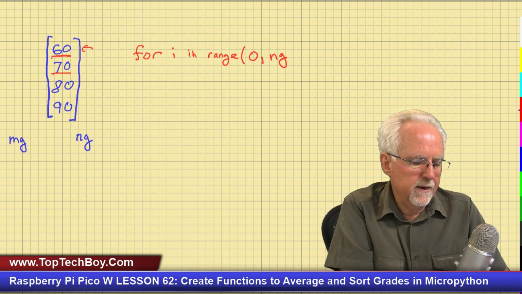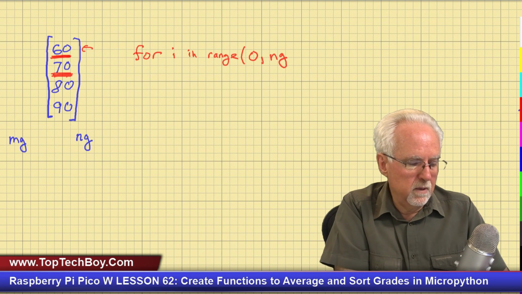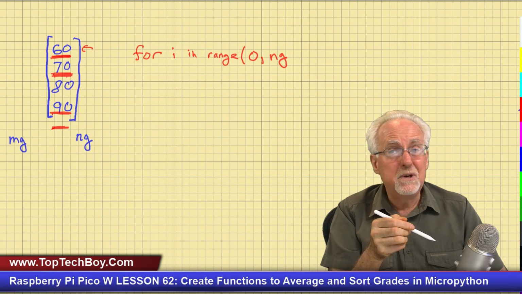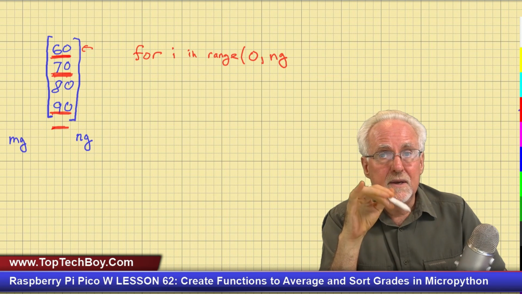I want to compare MG of i to MG of i plus 1. Well, what is the problem? When I get down here, this would be MG of i, and MG of i plus 1 would be down here. I would be referencing a number that's not in the array. So I want to what?